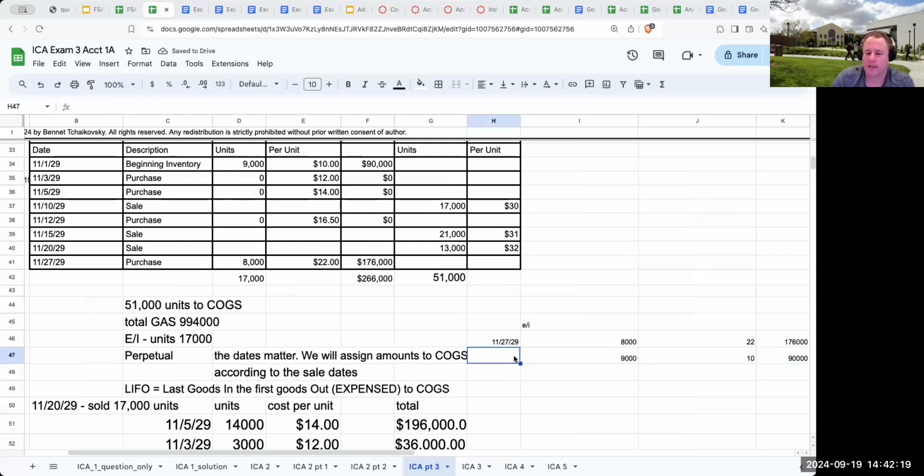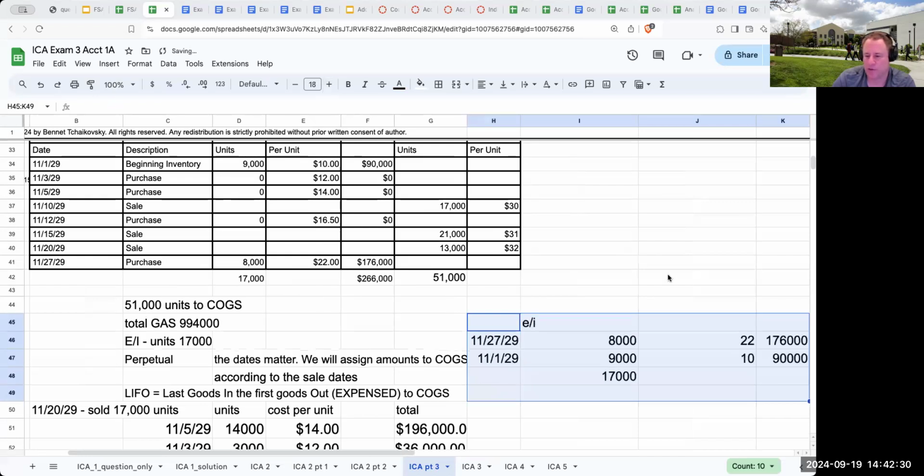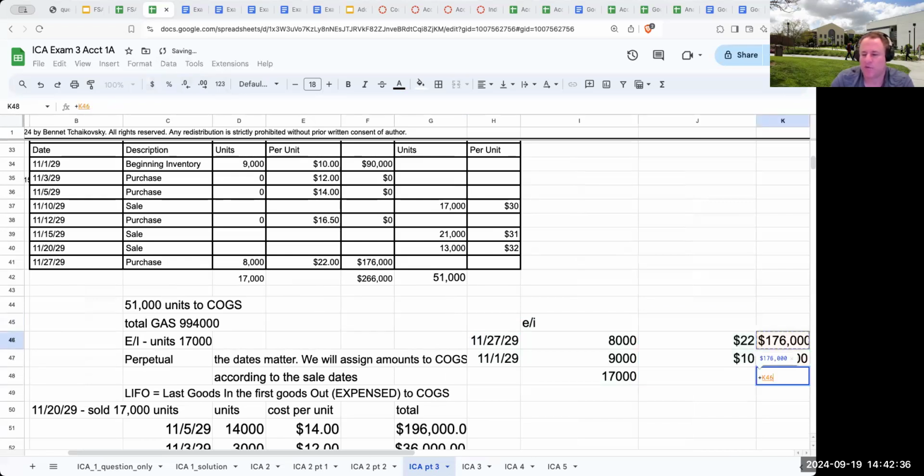This is what was remaining under LIFO perpetual. I have 17,000 units in my ending inventory, right? So my total amount is $266,000. So that's what I have left.